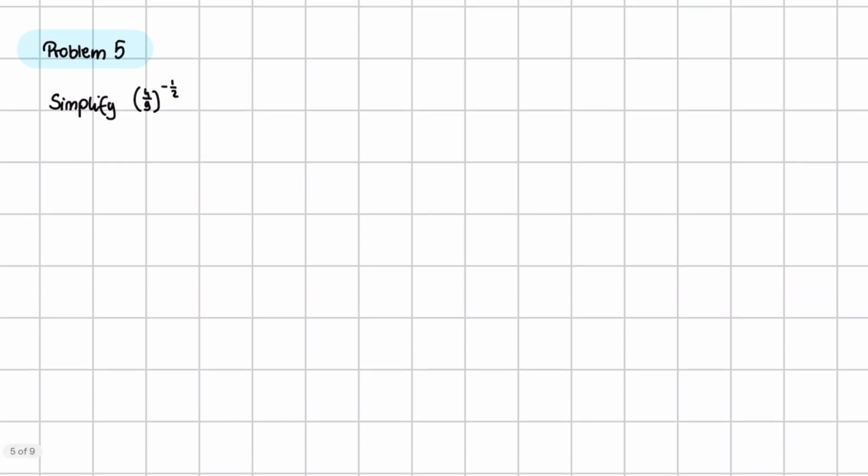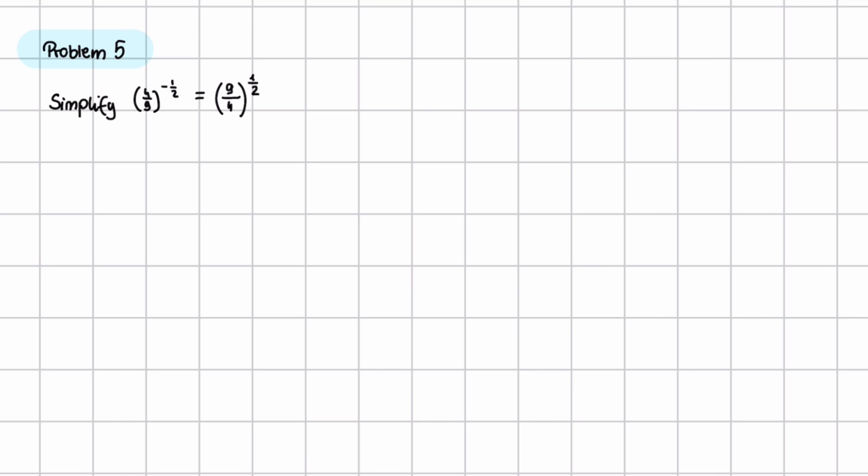Problem number 5. We have to simplify a fraction, and in the power we have minus half. So firstly, minus means that we have to rotate our fraction. So it will be 9 over 4, because we rotate our fraction. So our minus disappears because we rotated our fraction.